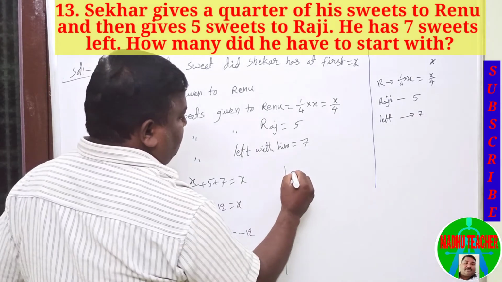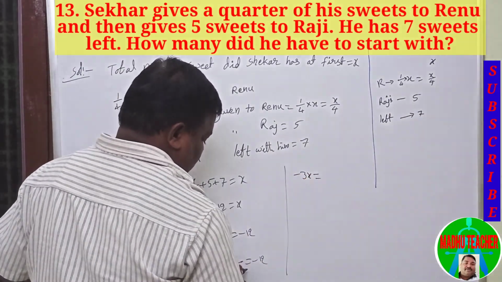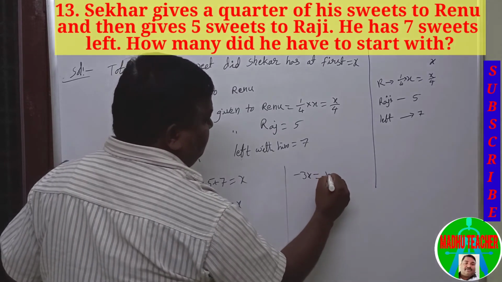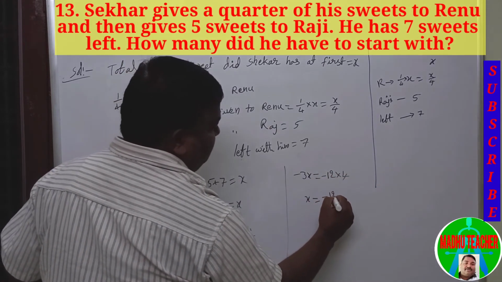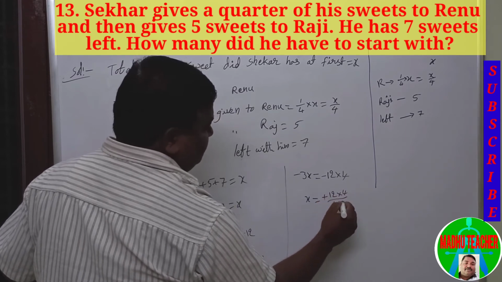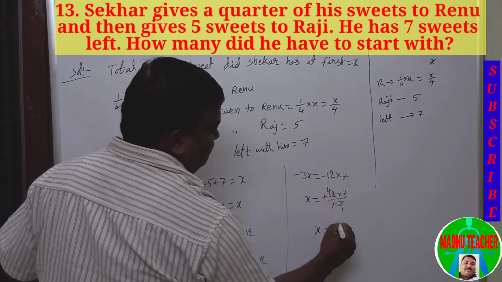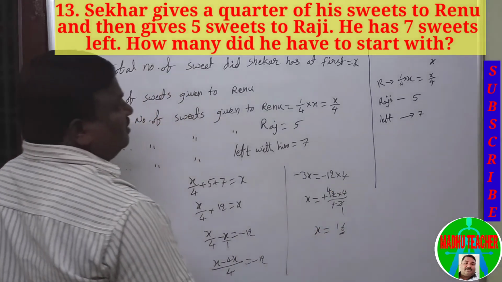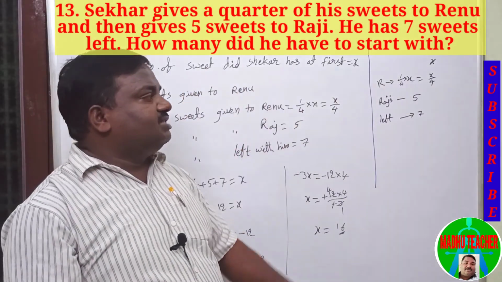Then x minus 4x is minus 3x, equal to, by 4 will become into 4, minus 12 into 4. So x equal to minus 12 into 4 by minus 3. Minus minus get cancelled. 3 1s are 3, 3 4s are 12. x equal to 4 4s are 16. What is the x? Total number of sweets did Shekhar has at the first.